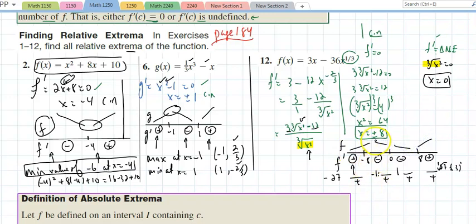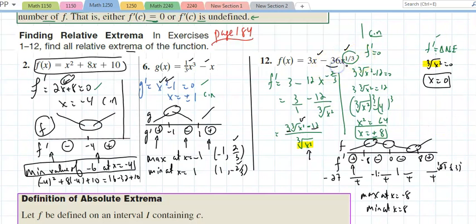So we have a maximum at x equals negative 8 and a minimum at x equals 8. Notice that 0 is not a maximum nor a minimum. And if I substitute negative 8 in there, I'm looking at the cube root of negative 8, which is negative 2.